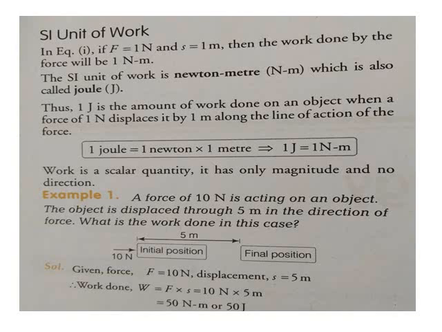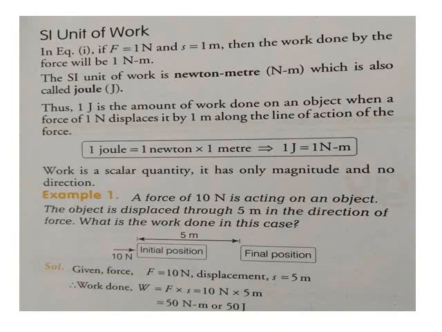Thus, 1 joule is the amount of work done on an object when a force of 1 Newton displaces it by 1 meter along the line of action of the force. So 1 joule is equal to 1 Newton into 1 meter. Work done is a scalar quantity. You have to remember this. It is a scalar quantity because it has only magnitude and no direction.